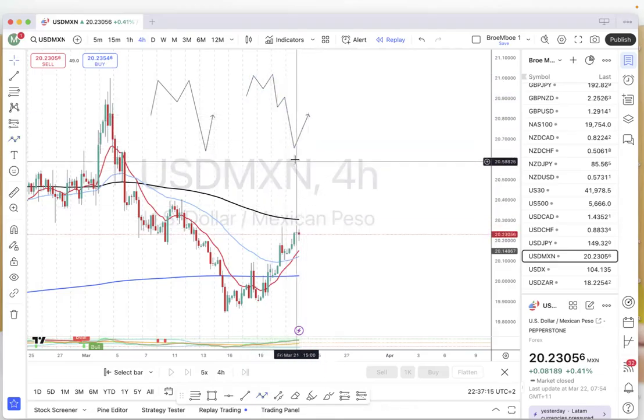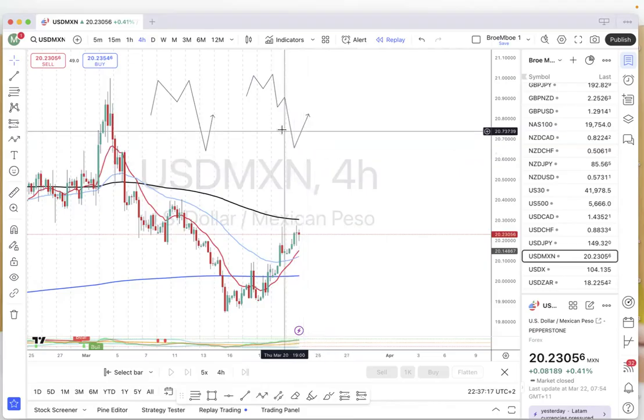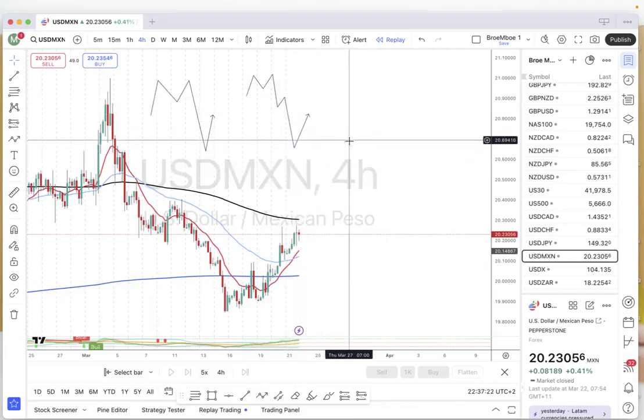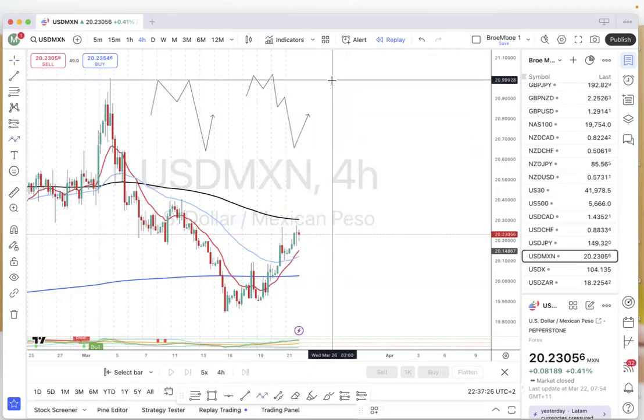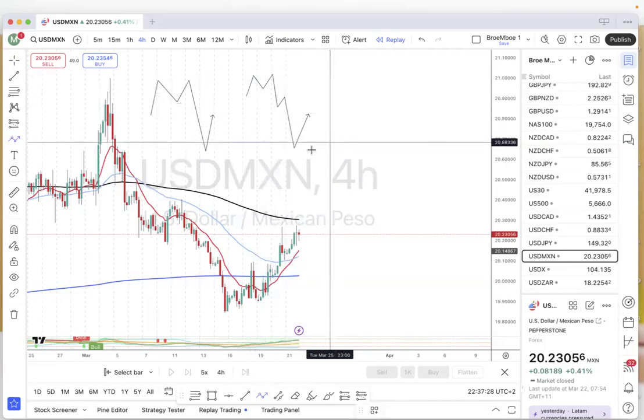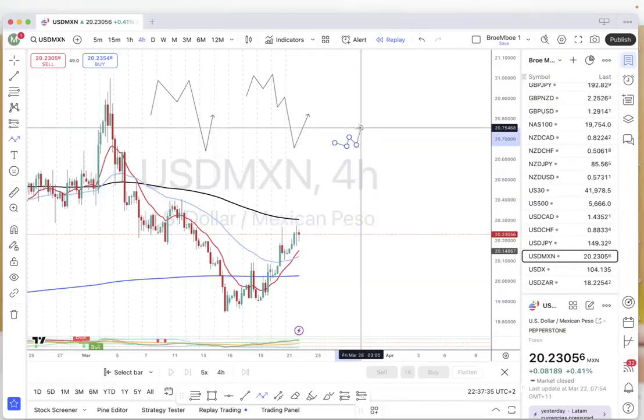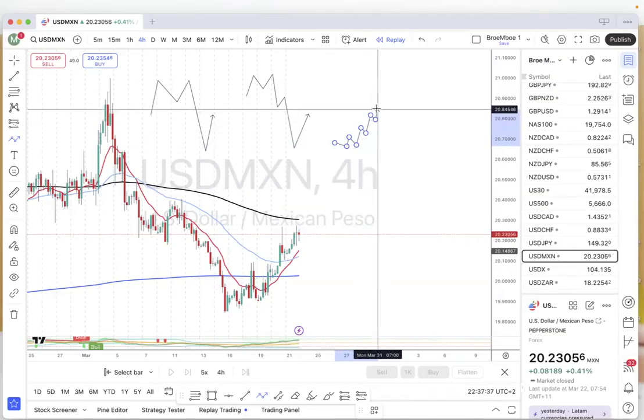So until we break this low or that high, we remain a sell, though now we are currently in a buy. So which means I won't draw the entire thing, which means H1 is actually like this, right?